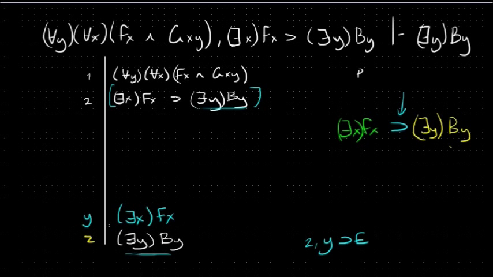Okay, so now we need to think about how we could get to this. Presumably it's going to be from, well, the main operator of this now is this existential quantifier. So we're going to need to have done an existential introduction, say from line x, and on line x we could have had Fa.